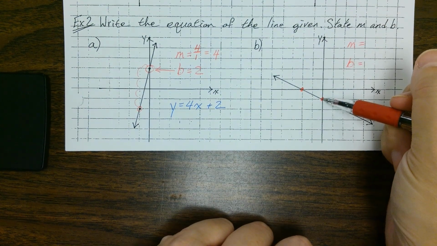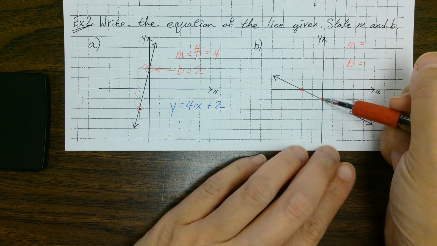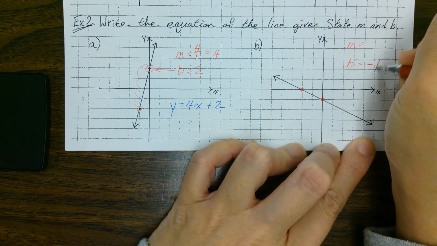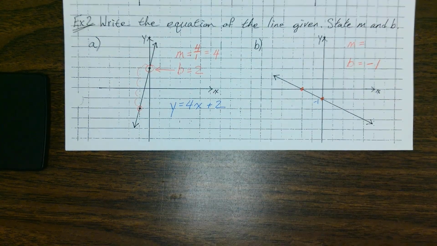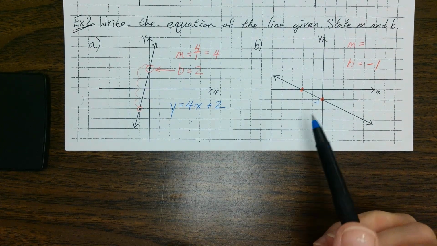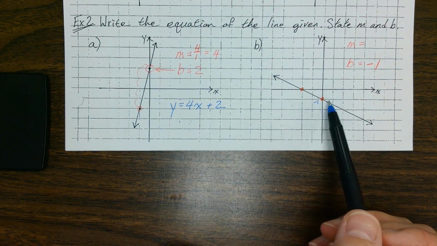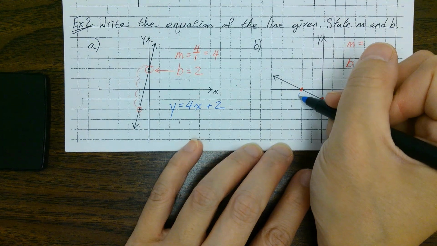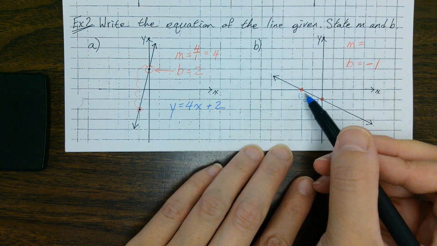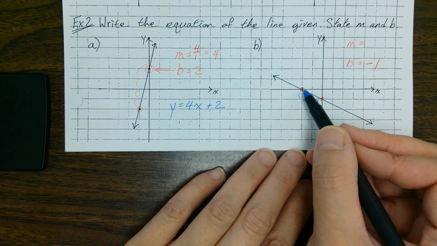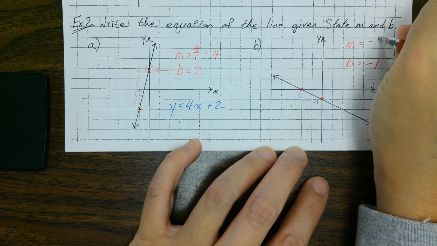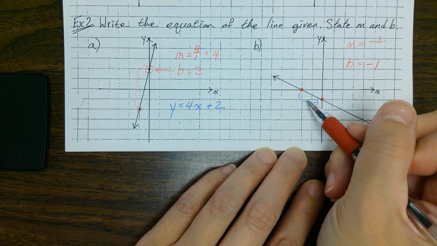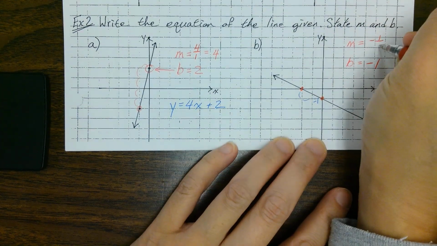What is b right here? -1. Yes. This is -1. And the slope. Going from the left point to the right point, I have to go down the elevator, which means I go down 1. And then it's the second door to the right, so over 2.